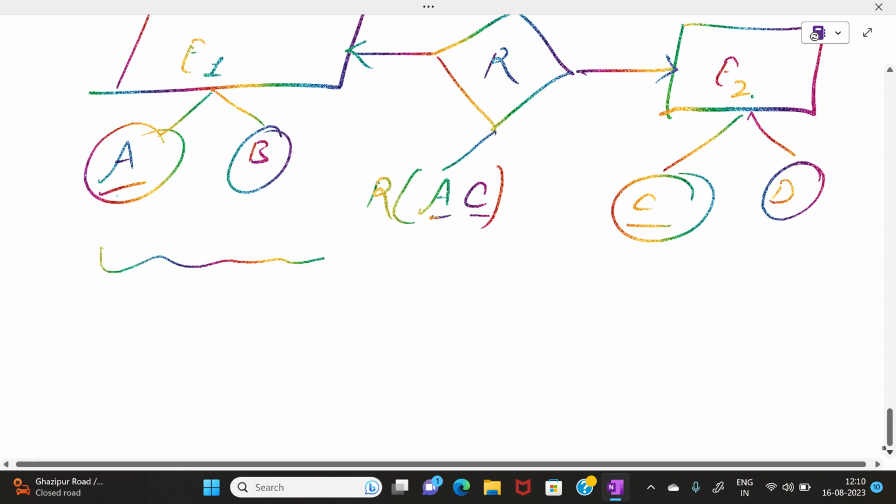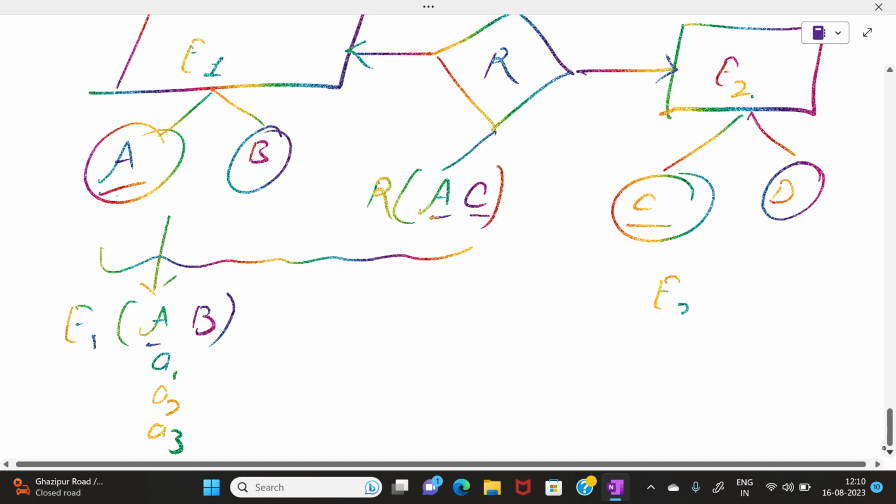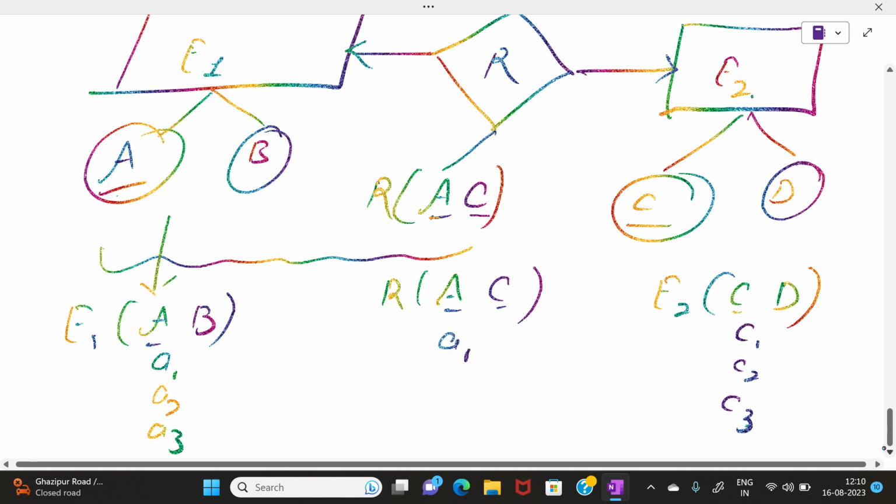Let's say we try to combine E1 and R. So for E1 we have the attribute combination like this: A1, A2, A3, and for E2 we have C1, C2, C3, and for R definitely we have partial participation, like A1 is combined with C1, A2 is combined with, let's say, C3.